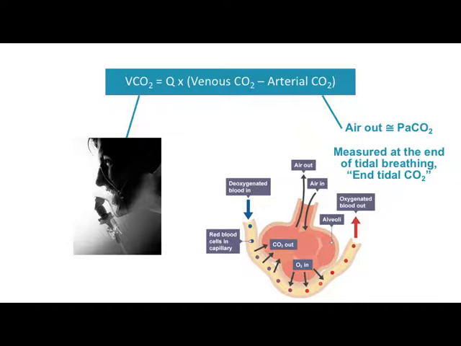In the lab manual and throughout the rest of the talk, I'm referring to this as end tidal CO2. And that simply means at the end of a tidal breath, after you expel air from the lungs before breathing back in again, whatever that value is at the end of your breath is most likely representative of arterial CO2 partial pressures.